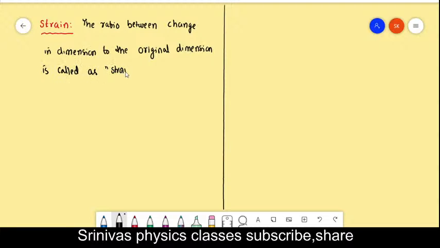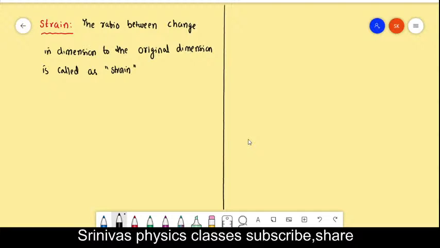Dimension means what? Dimensions means length, area, volume. They are the dimensions: length, breadth, height. This is the definition for the strain.